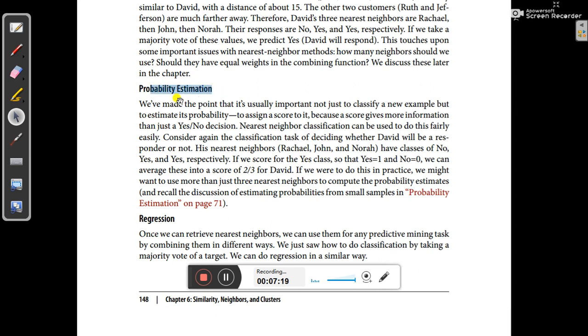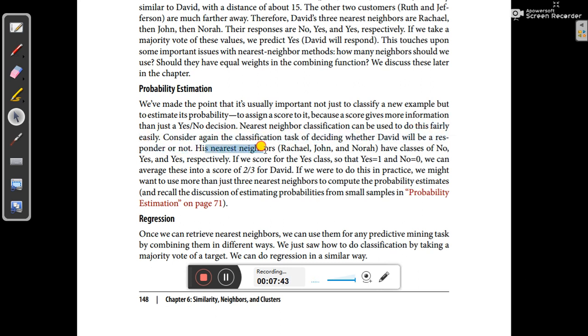Probability estimation. We have made the point that it is usually important not just to classify a new example but to estimate its probability, to assign a score to it, because a score gives more information than just a yes or no decision. Nearest neighbor classification can be used to do this fairly easily. Consider again the classification task of deciding whether David will be a responder or not.